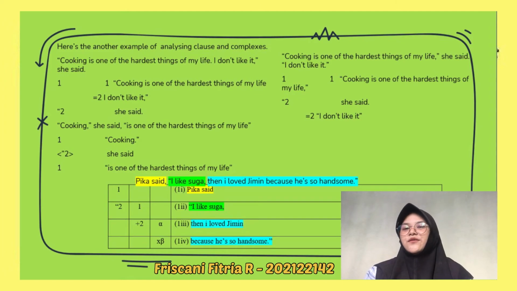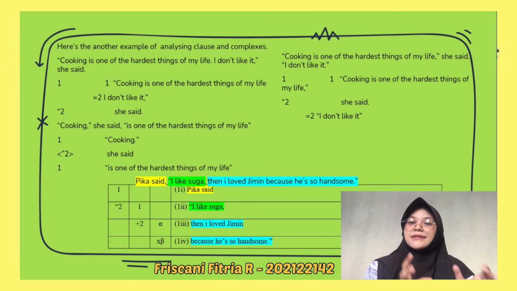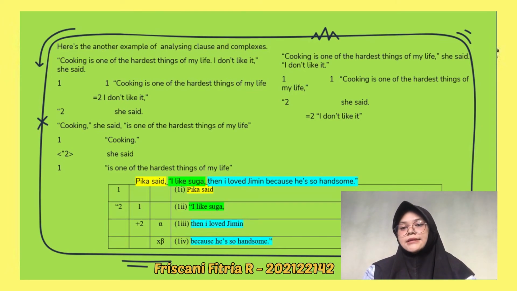And that is different from the next sentence below. In that one, we have "cooking is one of the hardest things of my life." That is number 1. We have established that, and that is divided from the "she said" words. So that is number 2.